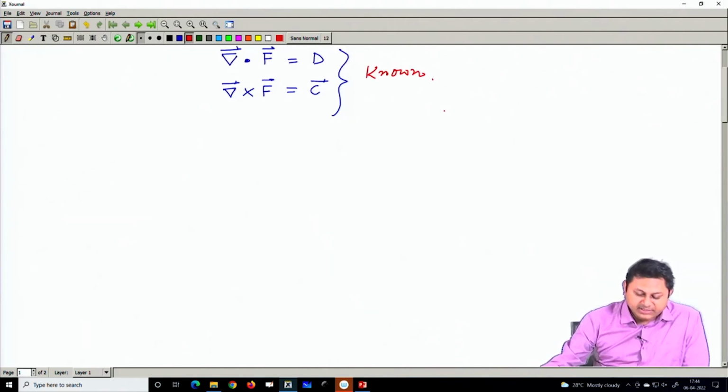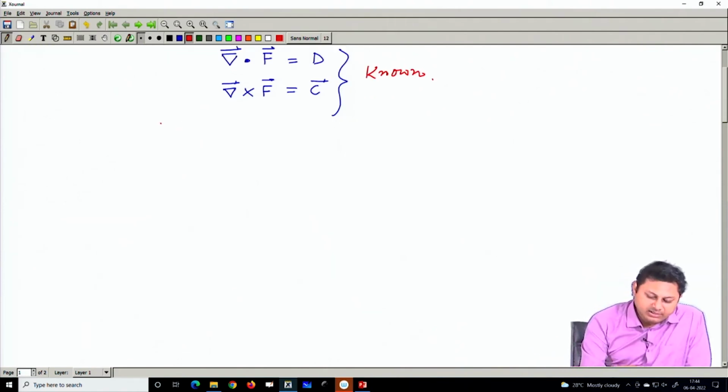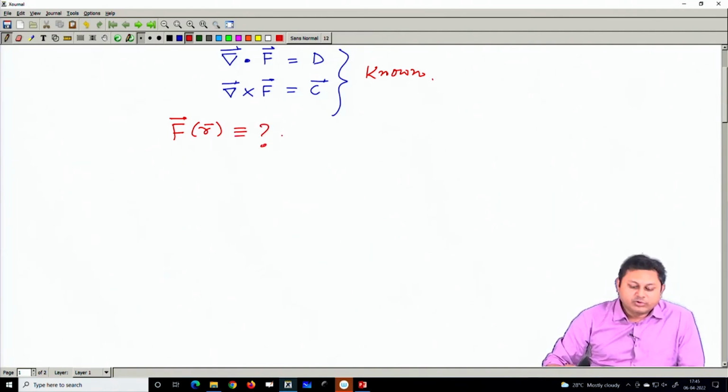Now, the question is how uniquely I can predict my F, where the divergence and curl are known. If I want to predict my F, how do I predict that, or what should be the form of F in terms of D and C?